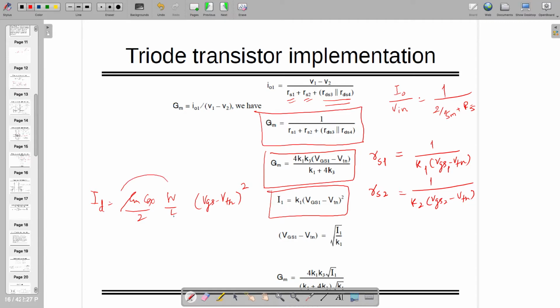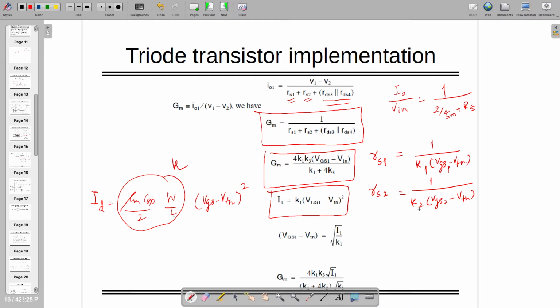The only difference is we are going to call K here as some constant. But look at these two K in terms of gm and in terms of normal current. Both the constants have a difference of 2 basically, right?